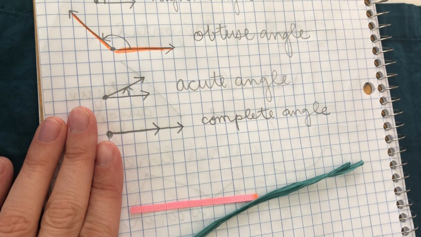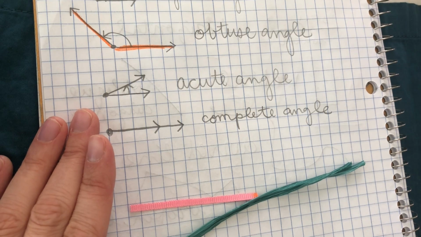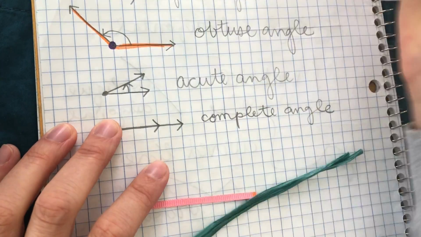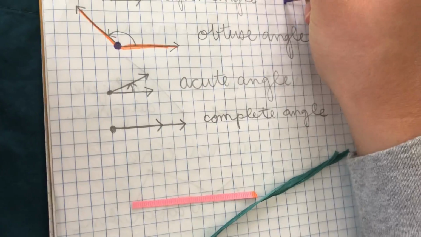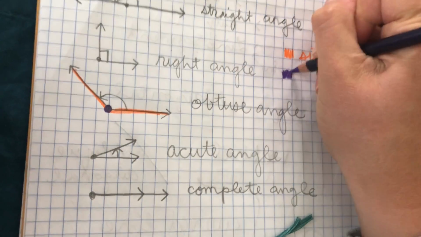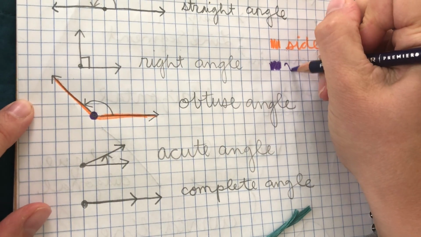It's a side. Now where the 2 points meet, I'm going to use purple. You can use whatever colors you'd like, but make sure they look different enough. Purple indicates the vertex. The vertex is where the two lines meet.